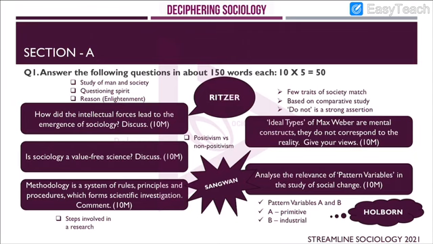For example, the question on emergence could be answered with the help of Ritzer. Then sociology, a value-free science and methodology, we could have answered using Nitin Sangwan. Similarly, ideal types. There was a tricky part, which was that they do not correspond to reality. This part had to be taken care of because it means that there is no scope of similarity with reality.